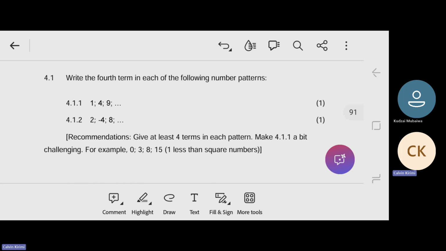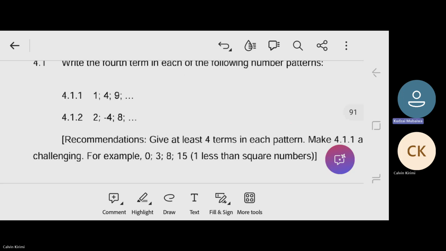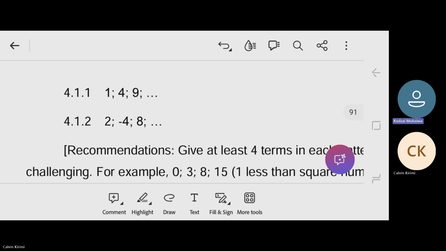Write the fourth term in each of the following patterns. Yes, sir. 4.1.1 is 1, 4, 9.